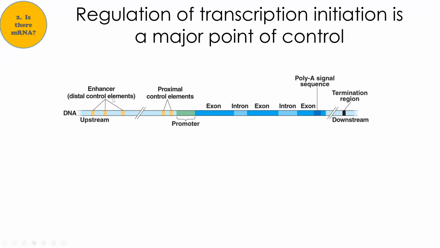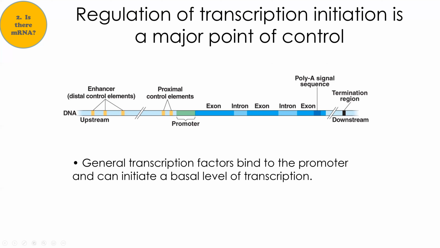Okay, you can also have distal elements or enhancers that are going to be way upstream sometimes of our core promoter. So this can be 10,000 nucleotides away from where we're actually going to care about this. Then of course we have the rest of the gene structure, the protein coding region, termination region, so that we are ready to actually make this protein.